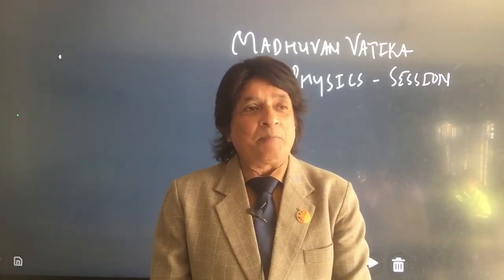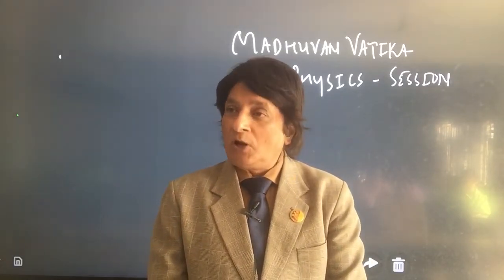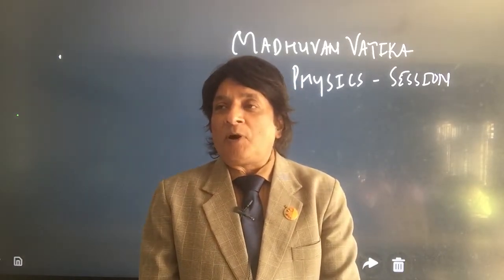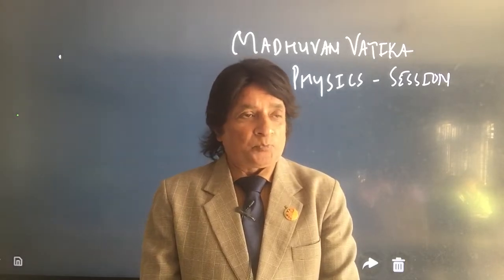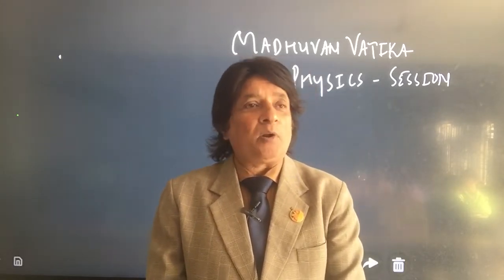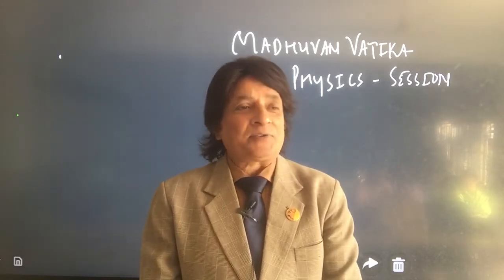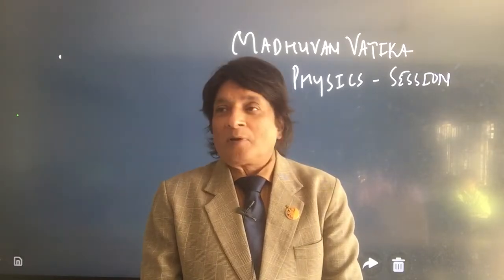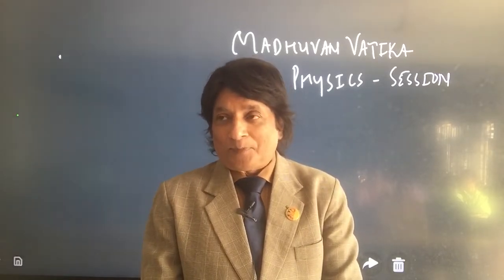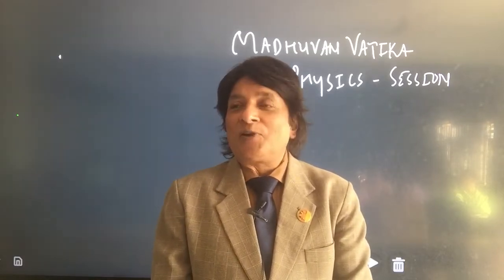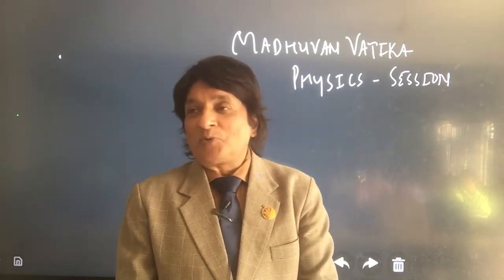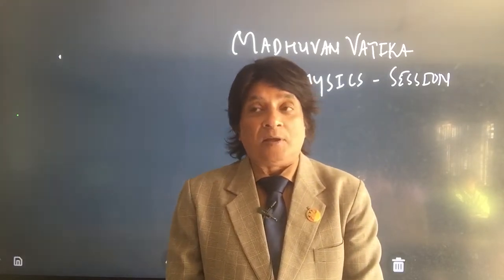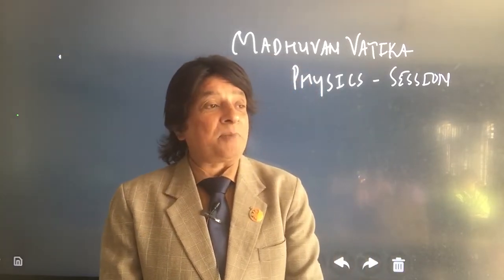Moment of inertia is given by whom? Routh law. What Routh law states is that the moment of inertia of a rigid body about an axis of rotation is the product of the mass and the square of the perpendicular distance, where if the whole mass of the body is concentrated, it would have the same moment of inertia as it would have with the actual distribution of masses.